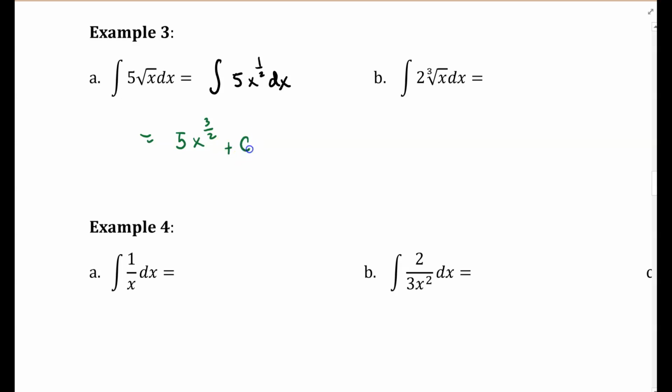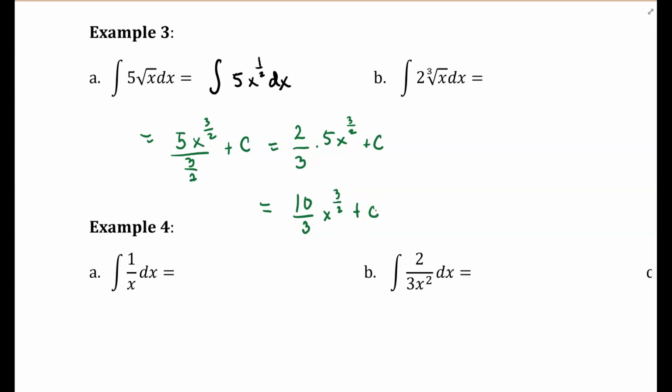And again, we can generalize a process for this. When I divide by a fraction, I end up multiplying by the reciprocal. So this ends up becoming 2/3 times 5x to the power of 3/2 plus c. Okay, so we have 10/3 x to the power of 3/2 plus a constant. Whew! I know you guys love fractions.